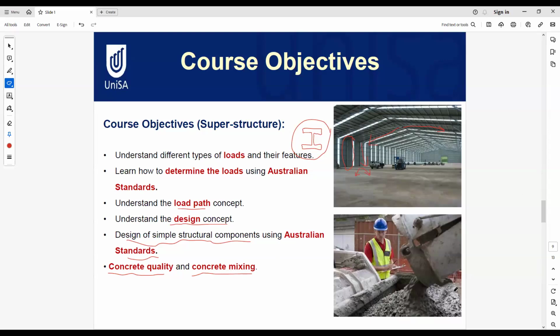Also, similar to this image here, how to assess or evaluate the quality of concrete and how to achieve good properties of fresh and hardened concrete. So these are the main objectives of the superstructure component.